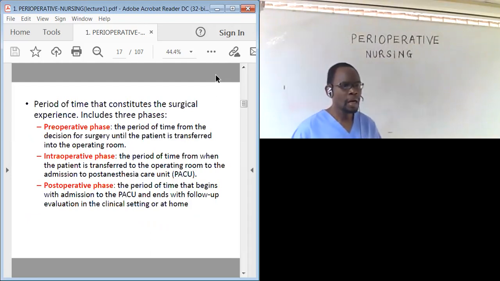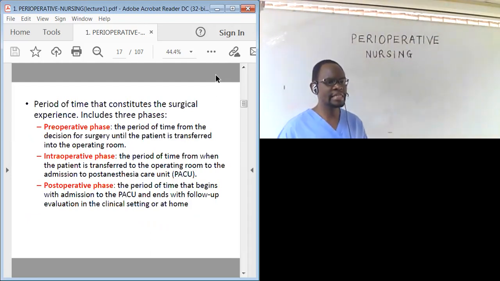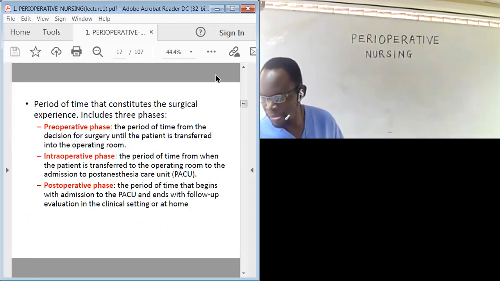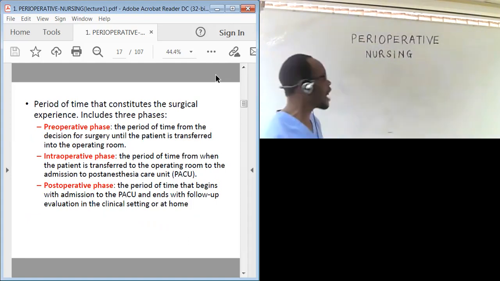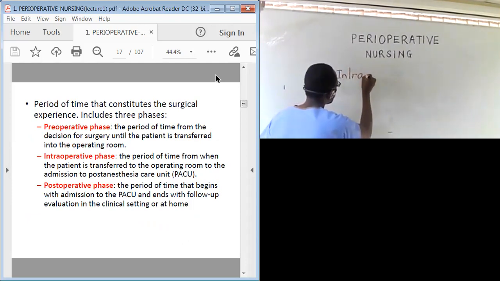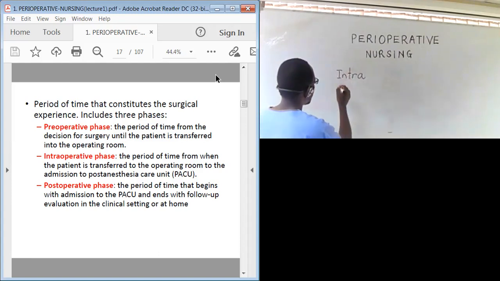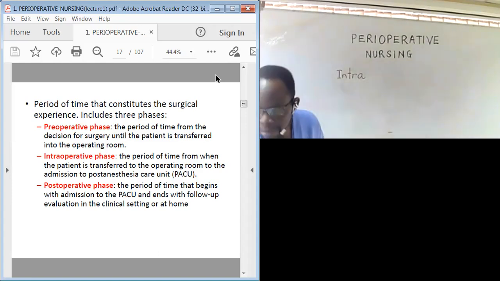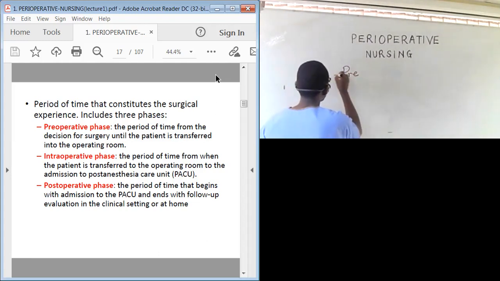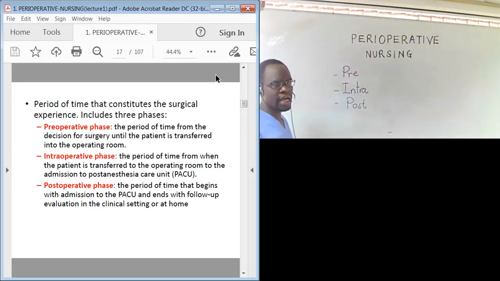As we said earlier, perioperative nursing has three phases: the preoperative, the intraoperative, and the postoperative.